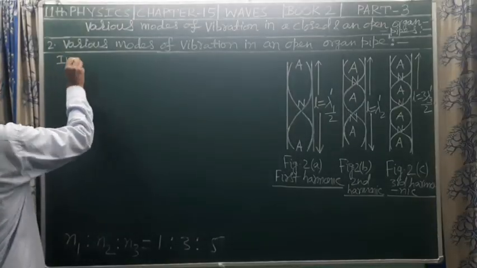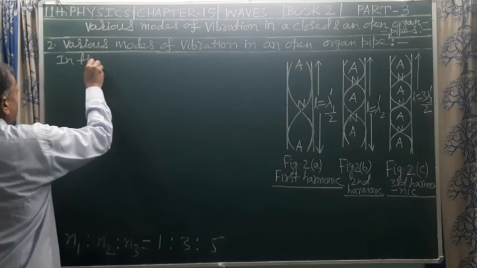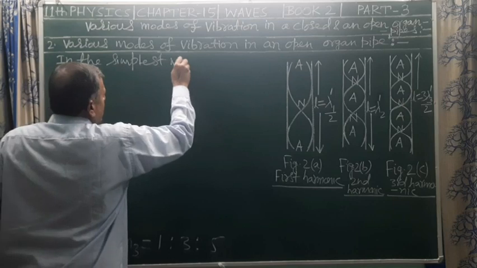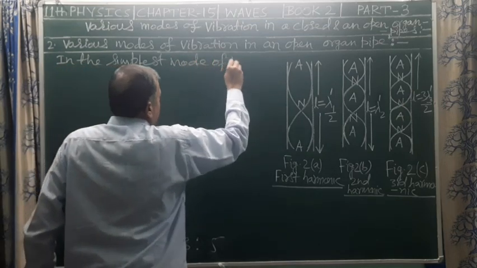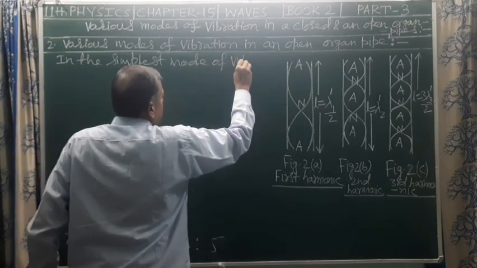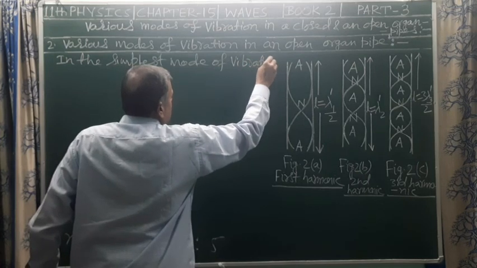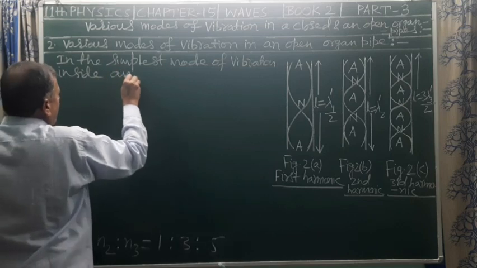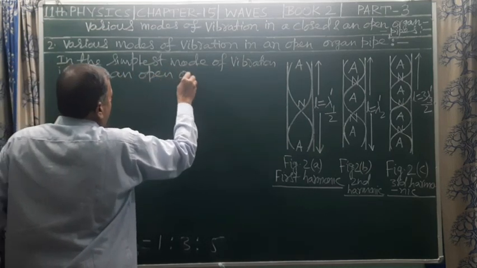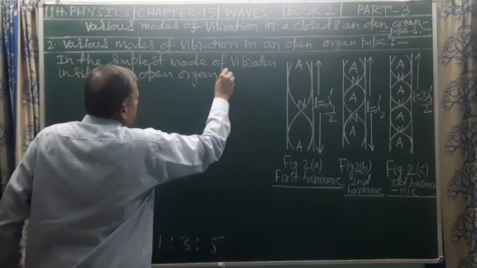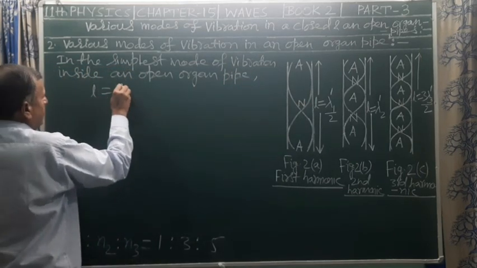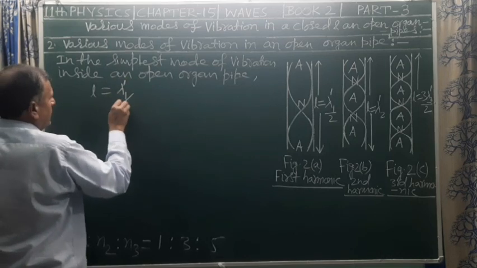So in the simplest mode of vibration inside an open organ pipe, write down, we have length of the tube L equals lambda 1 dash upon 2.